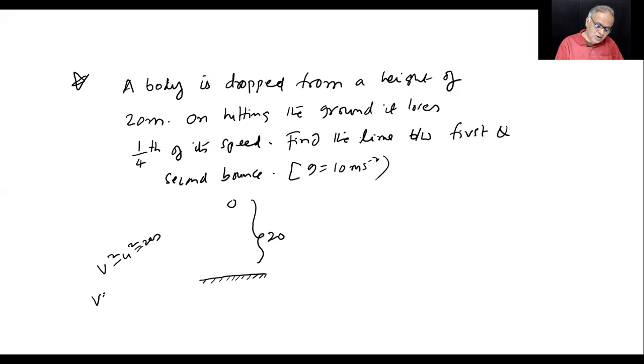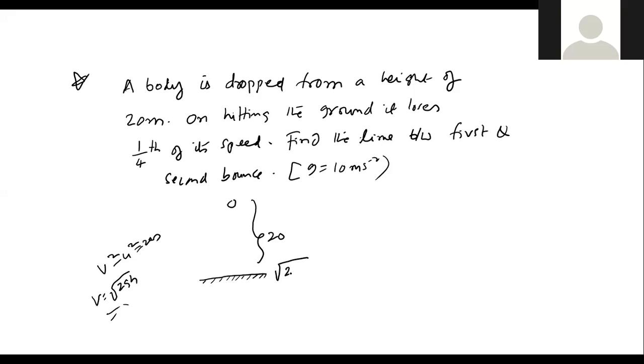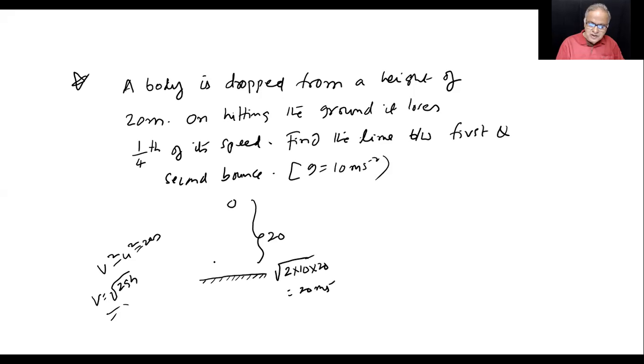Or since I know it already, v equals root of 2gh, I can straight away apply. Because using this only we got this one, no? So that's where you can make things fast, Vishnu. So root of 2 into 10 into 20. So this is 20. It hits with 20, loses 1/4, means goes with 15.